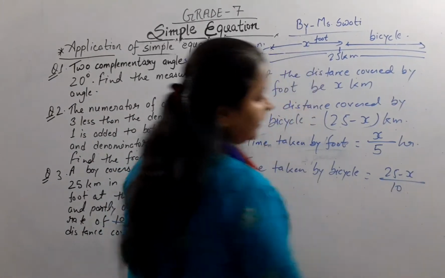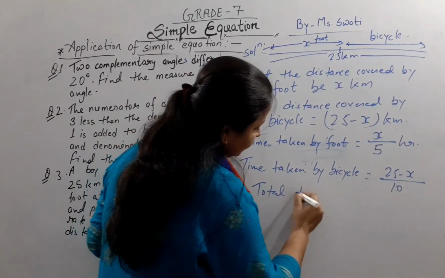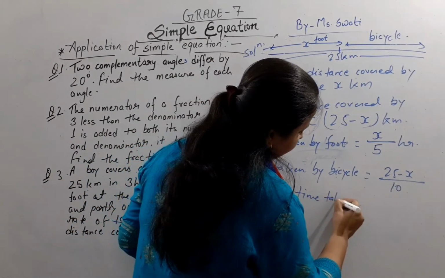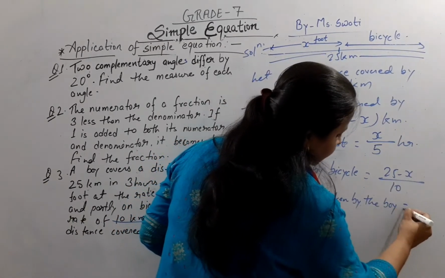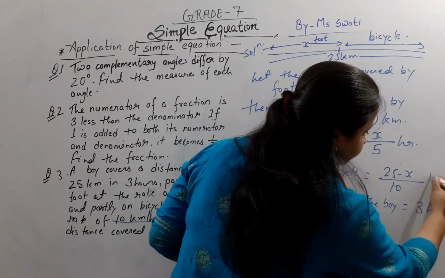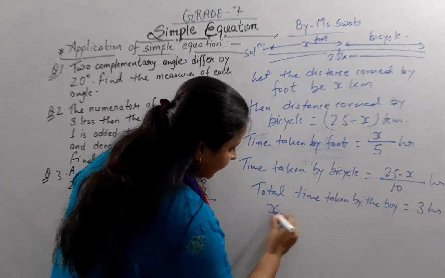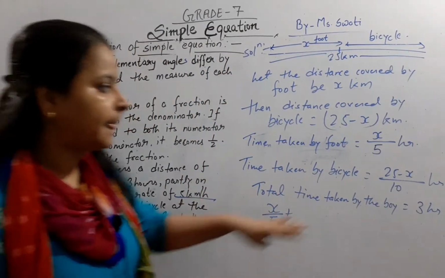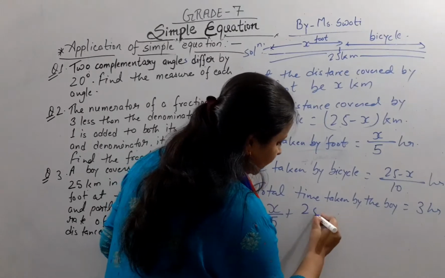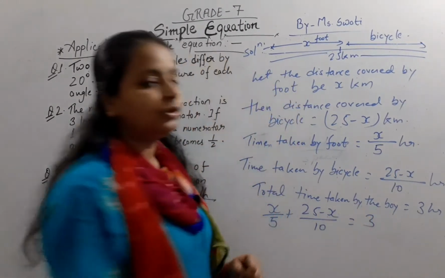It is 10. Now student, the total time taken by the boy is equal to 3 hours. So time taken by foot, that is x by 5, plus time taken by bicycle, that is 25 minus x by 10, is equal to 3.